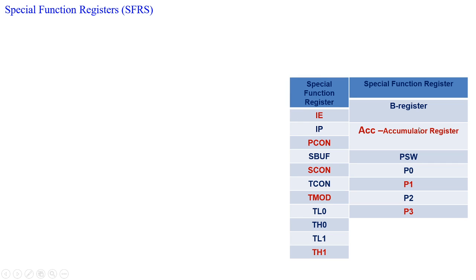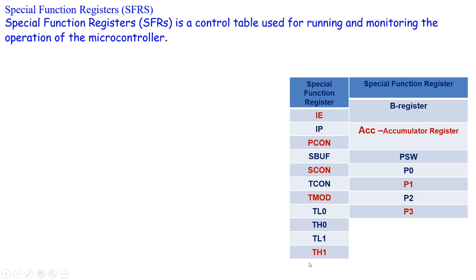The accumulator register, the B register, the program status word register, the 4 ports P0, P1, P2, P3, and then interrupt enable, interrupt priority, program control, serial communication, serial buffer registers, serial control register, for timers the timer control register, the TMOD register, timer 0 lower byte and higher byte, and timer 1 lower byte and higher byte. So all these are the special function registers.